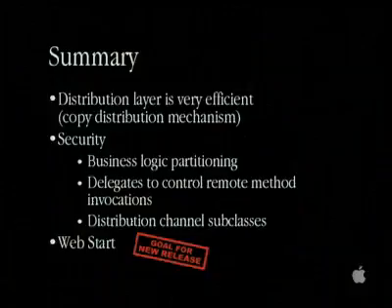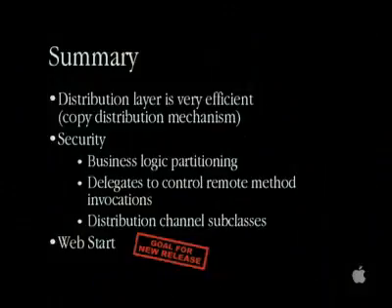Okay, so as the conclusion for this talk, just a quick summary. The things I'd like you to remember is that the distribution layer is a very, very efficient layer. It's certainly slower than a 2-tier application, but it's doing a very, very good job for a 3-tier architecture. The items about security that you should remember are business logic partitioning is your friend.